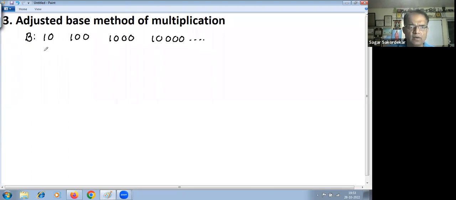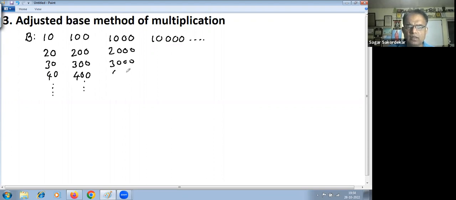Instead of 10, it will be near to 20 or 30 or 40 and so on; instead of 100, near to 200 or 300 or 400; the same way 2000, 3000, 4000, and 20,000, 30,000, 40,000 and so on. So instead of being near to the base, it is near to a multiple of the base, and for that we have to adjust the base. That's why the method is called the adjusted base method of multiplication.